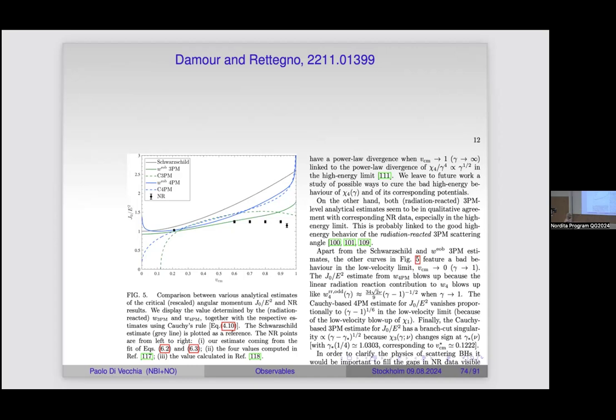And you see that this quantity from numerical relativity is almost constant, but from the 4 PM result goes higher up. So there could be a sign that something has not yet been understood at the 4 PM level. But most of the people are not worried about this, and they are computing the four loop now. And eventually we'll have the four loop level. Okay, that's all I want to say. Thank you very much.